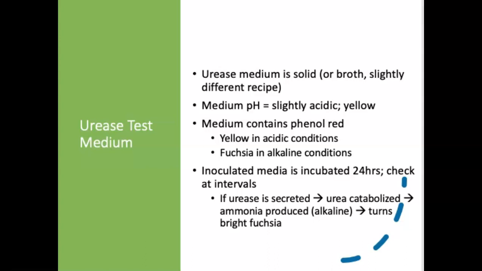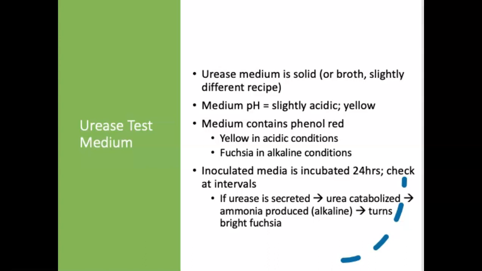It turns out that some microbes that secrete urease have the ability to break down urea very quickly. In about 6 hours or so, the medium in the test tube is going to turn fuchsia. Other microbes are able to break down urea, but at a much slower pace.